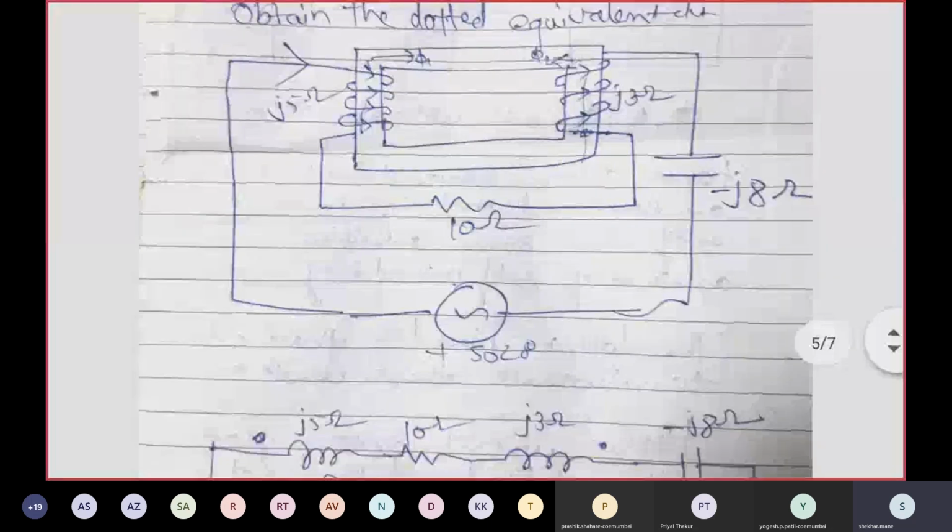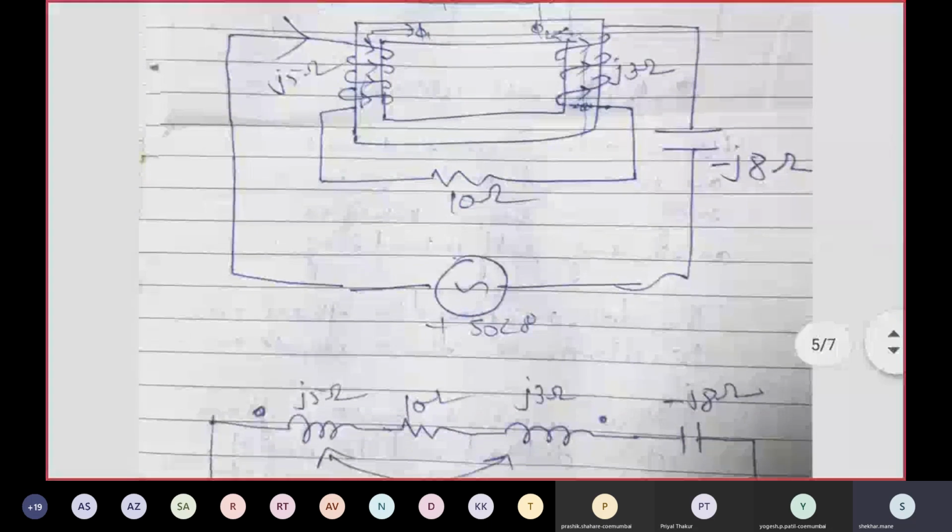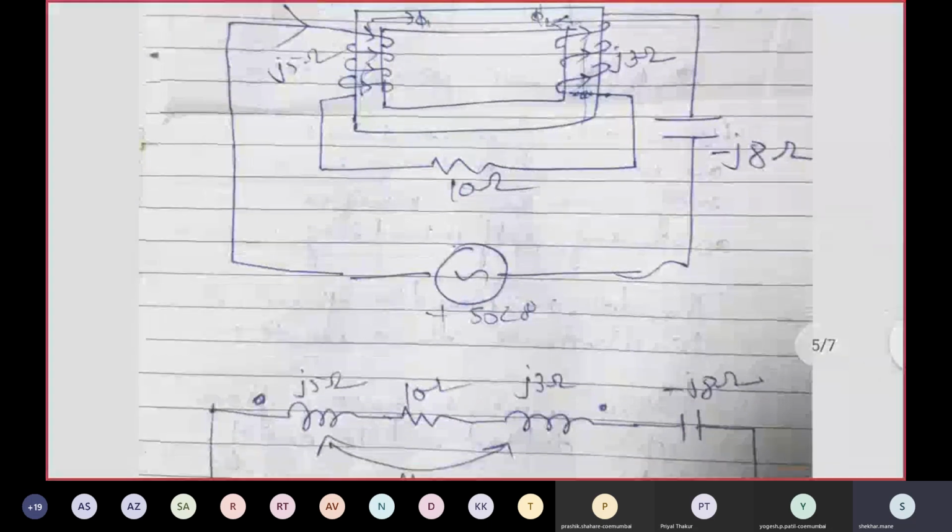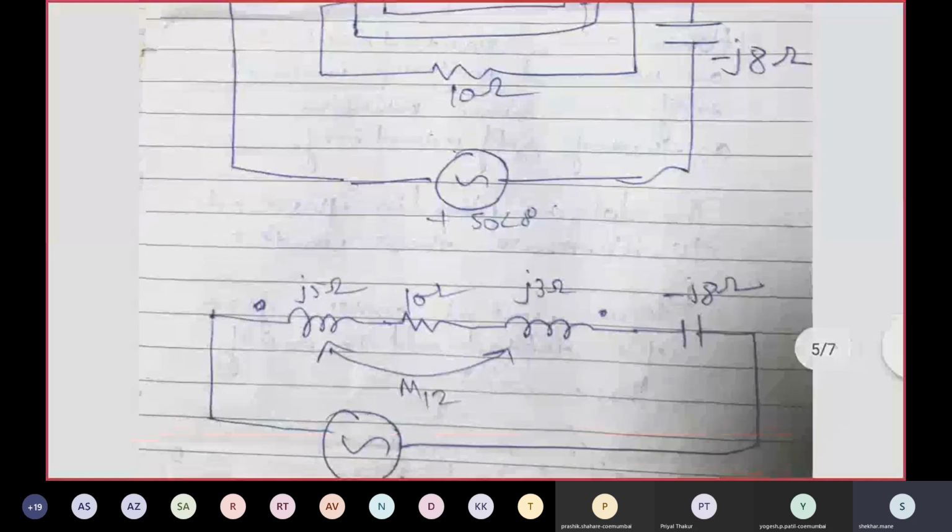So both are in the upward direction, so they are opposite. That's why in the j5 ohm coil the current is entering, and in the j3 ohm coil the current is coming out. So the directions of the windings are different in both coils. In one coil current is entering, and in the other coil current is leaving.